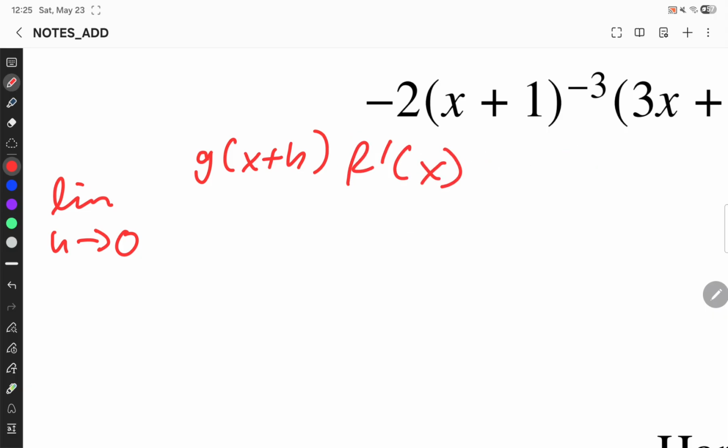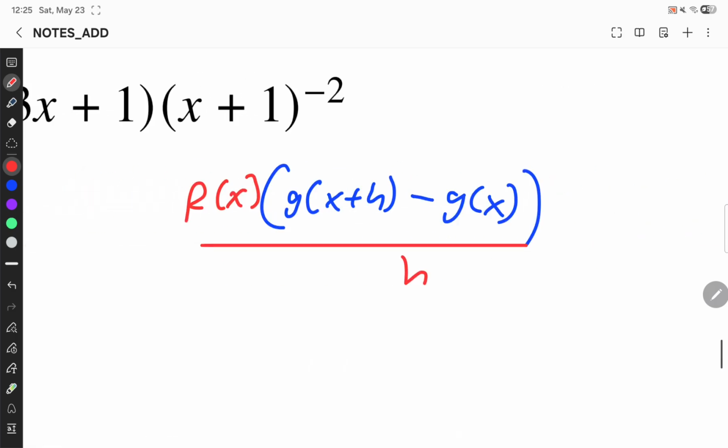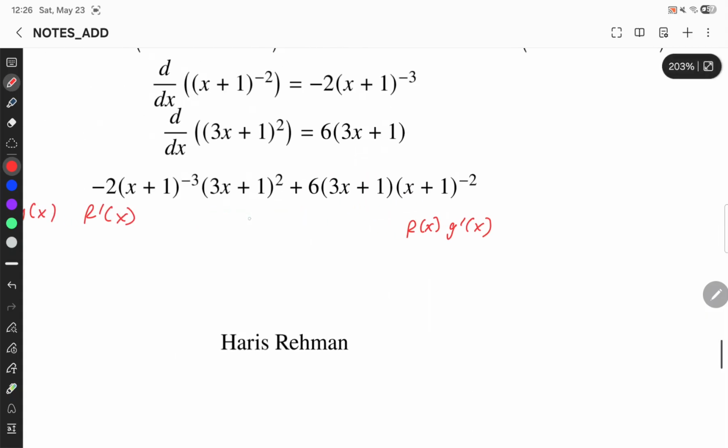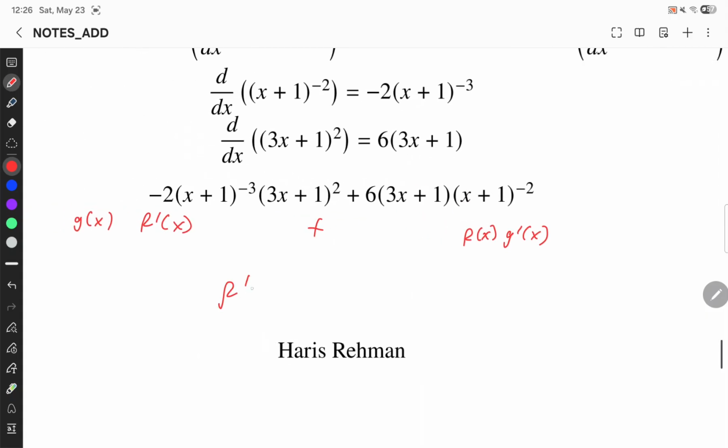Taking the limit, the other factor will become g of x. Similarly, if we do the same, this will become g prime of x. Adding them together, we get f prime of x times g of x, because multiplication is commutative, remember, and here f of x times g prime of x.